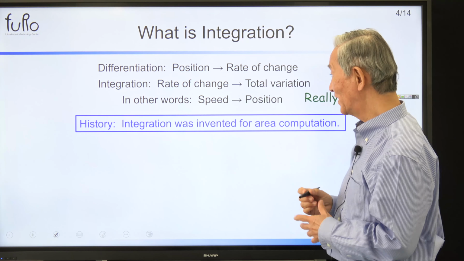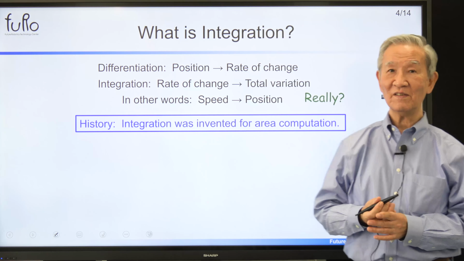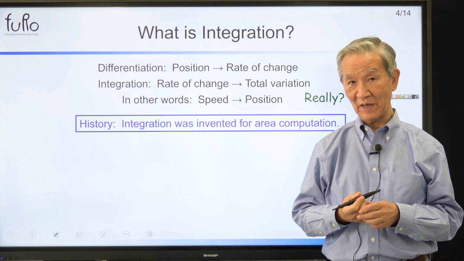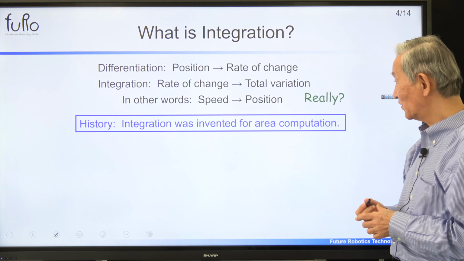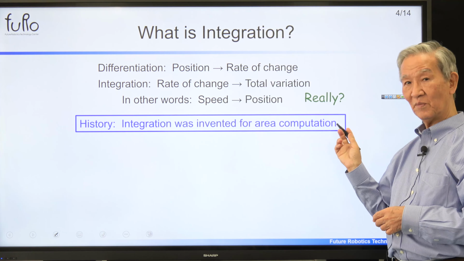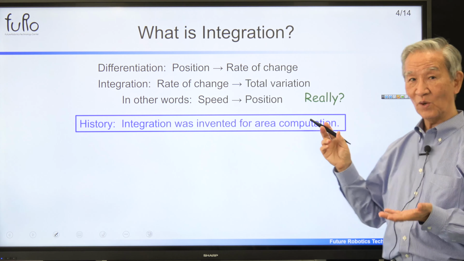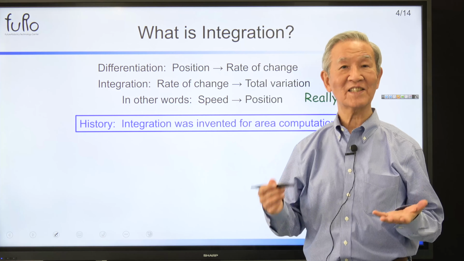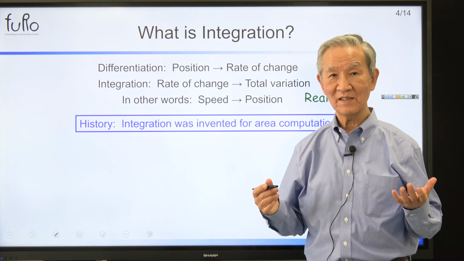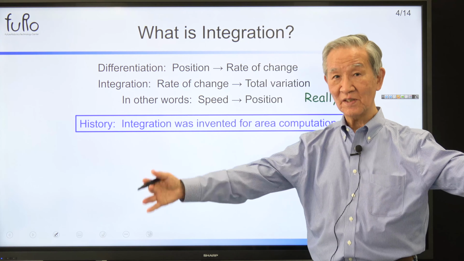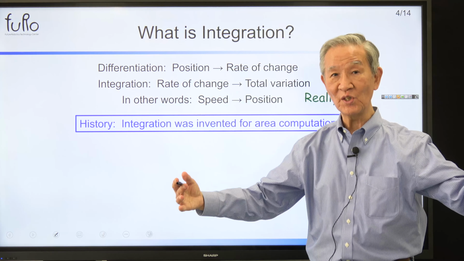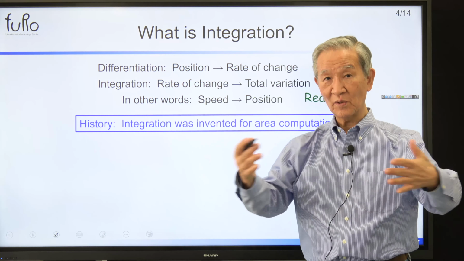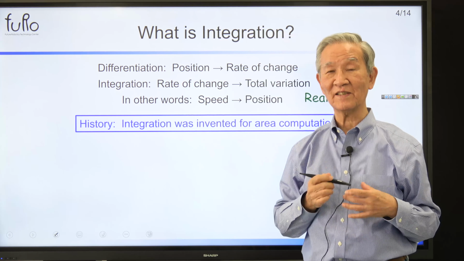Question here: history. If you look at the history of integration in mathematics, it was invented for area computation. Why? In the old days, in the Greek days, the tax was proportional to the amount of land you owned. If you owned a large land, you had to pay more tax; if you owned a small land, you paid small tax.